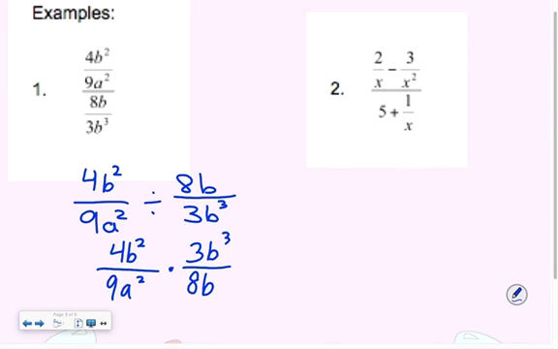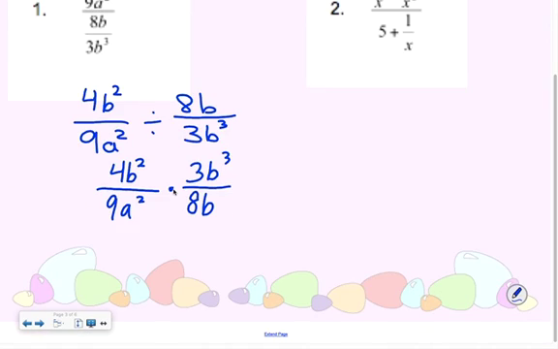Okay. And then go ahead and simplify. So what we've just done is a section 3 problem, and now we're back to section 2, which was the beginning of the unit, which was reduce fractions.